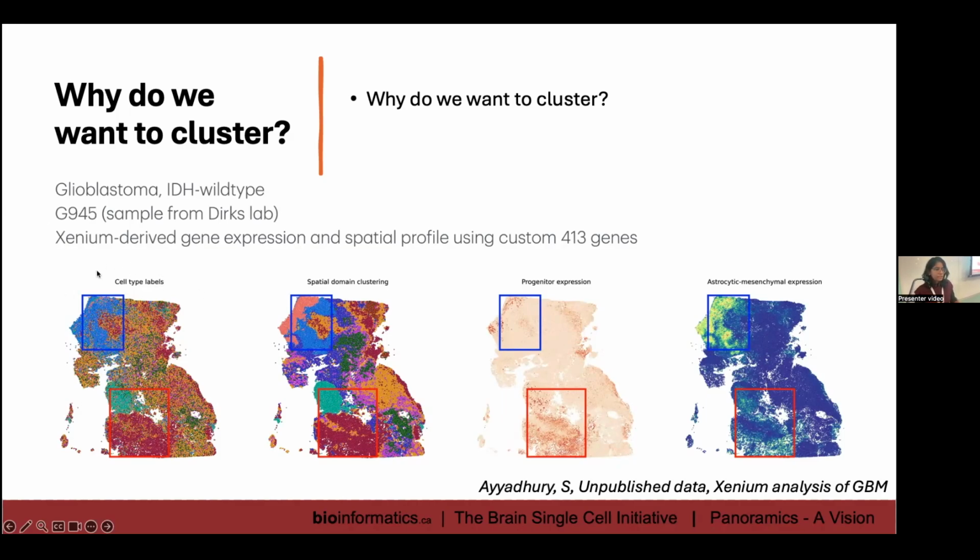The first image here is a sample that has been labeled with cell type labels, specifically transferred from GBMap, which is a single cell data set. This is something that we've all done during single cell analysis. Now, this is a Banksy clustered domain plot. These are all your spatial clusters. And then you start to see something that is broader. You have all these clusters that occupy a region. That's what you're supposed to see, or you think you should see.